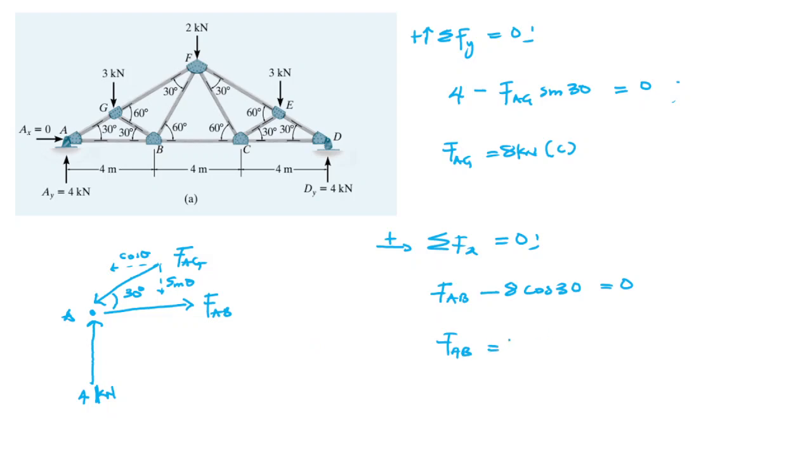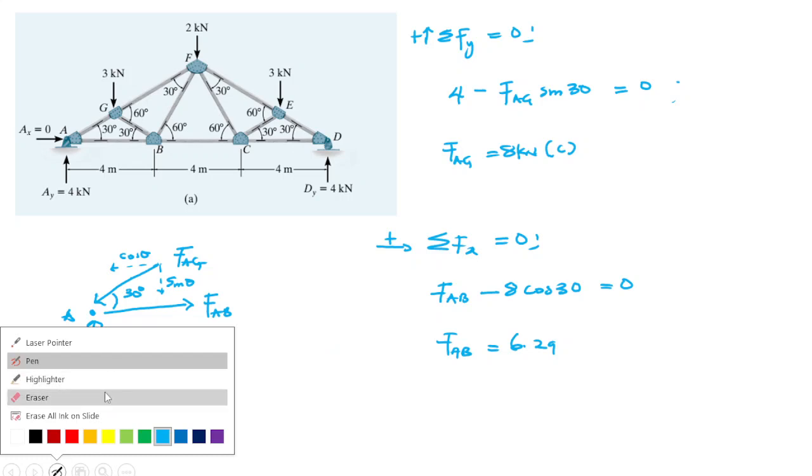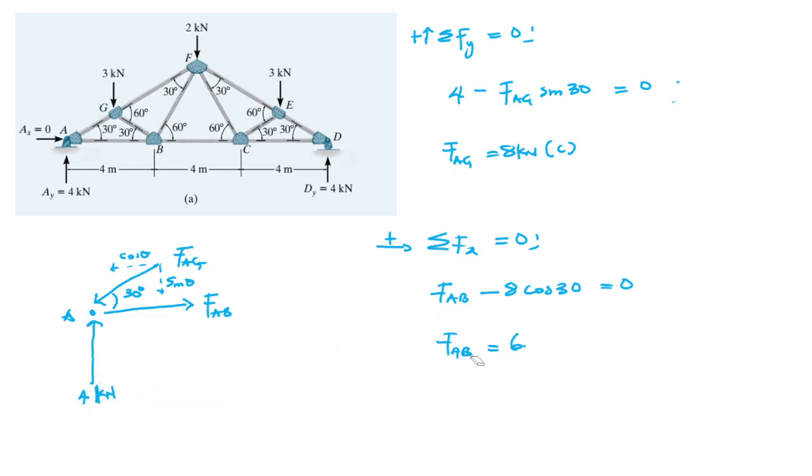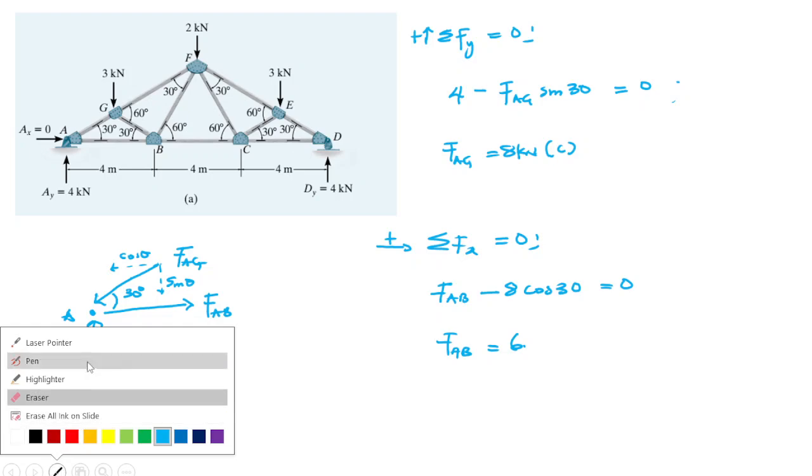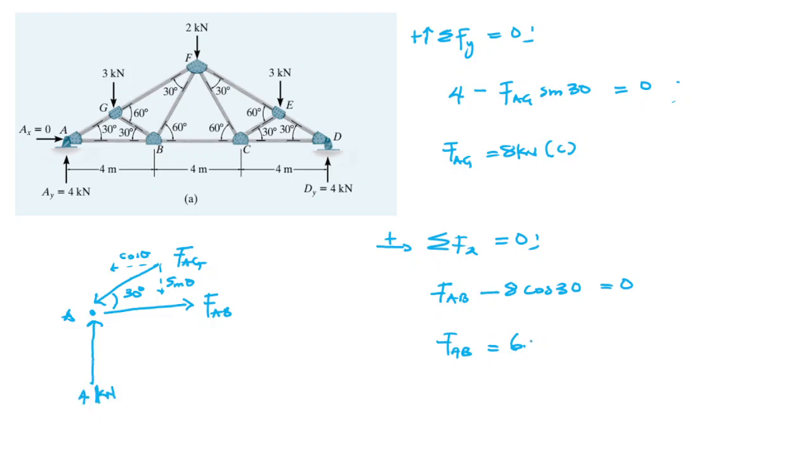FAB equals 6.928 kilonewton. So initially we guessed it to be in tension.